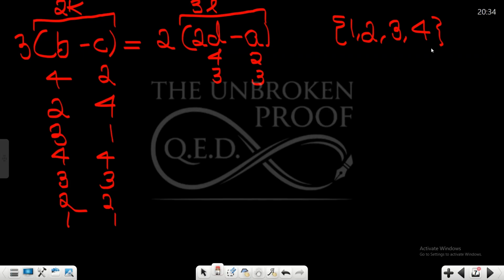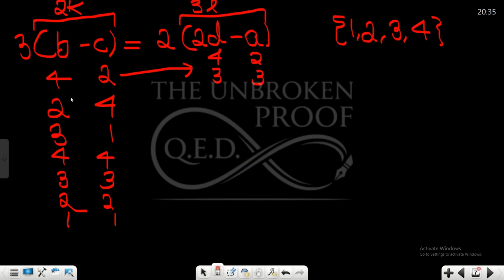And apart from that, any other thing is not possible, like if you consider d as 2 and a also as 2, not possible; d as 1, a as 1, not possible. So only these two are the possible options for (4, 2).